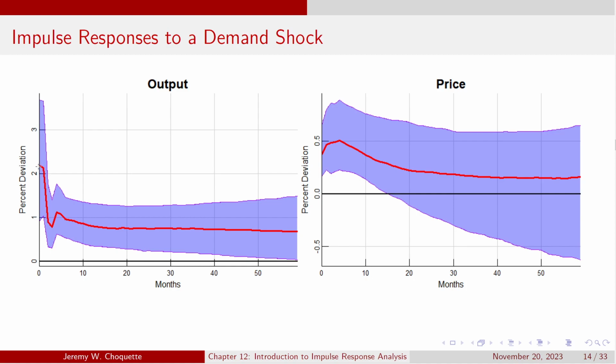This point right here is greater than this point right here, so it's increased. Prices. Did prices increase or decrease? Well, they increased, because on impact, at T equals 0, when the shock hits, this point right here is above 0, so it's positive.